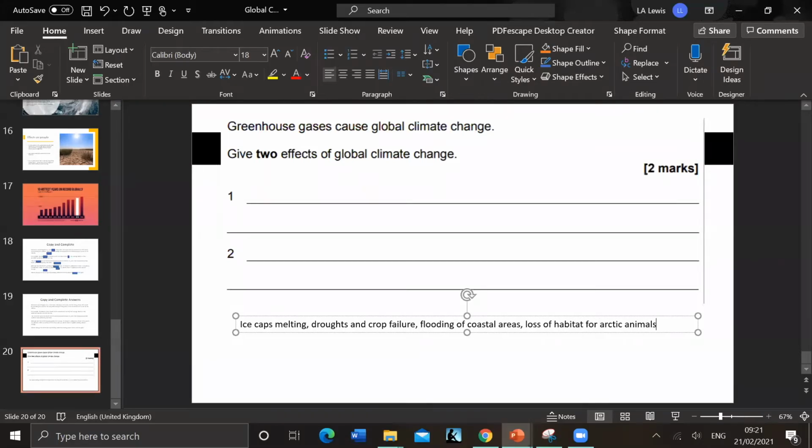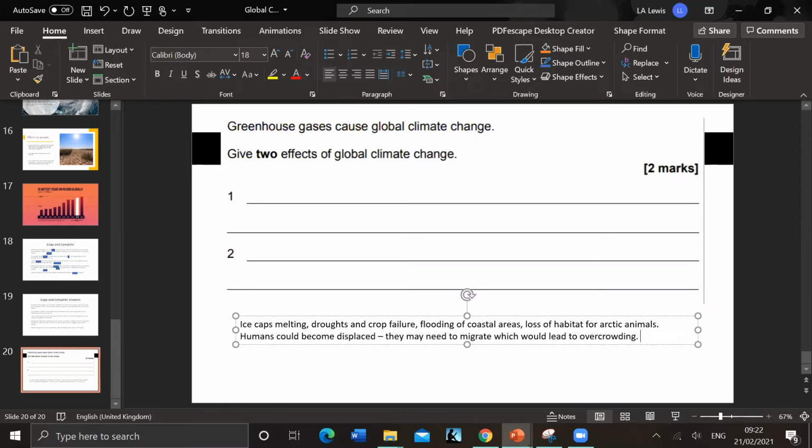Okay, humans could become displaced. Okay, so obviously it means that they have to move. They may need to migrate, which would lead to overcrowding.